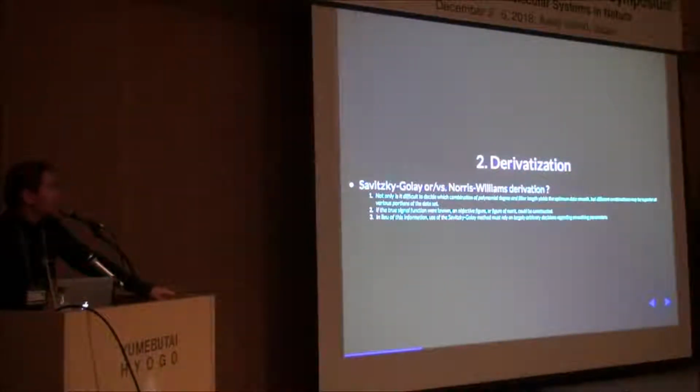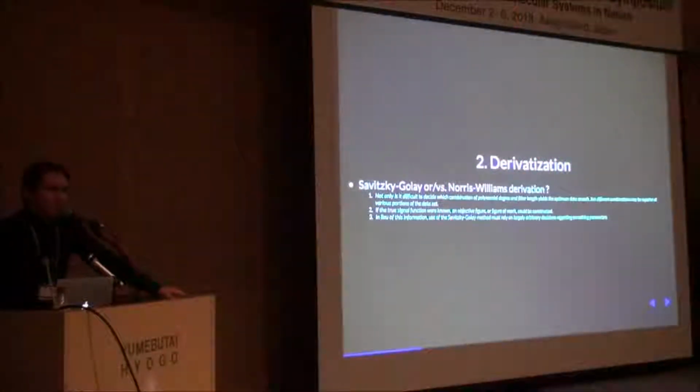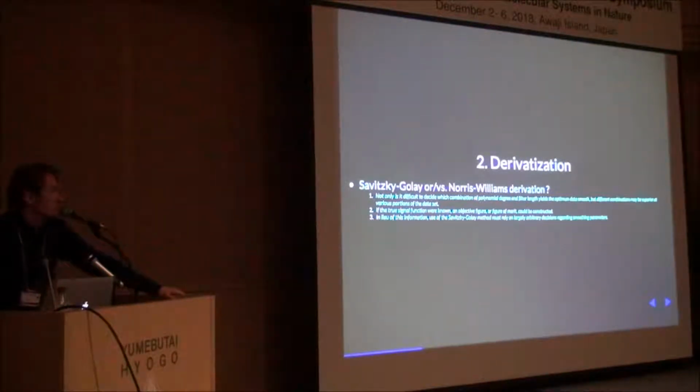Okay, moving on, derivatization. I will not talk too much about it. We all know that there are basically two types of derivatives: regular, implemented through Savitzky-Golay filters, which is just an automated way to do this, and later the introduced Norris-Williams derivatives. Norris-Williams derivatives make use of the nature of near-infrared and mid-infrared spectra. This data is essentially discrete.